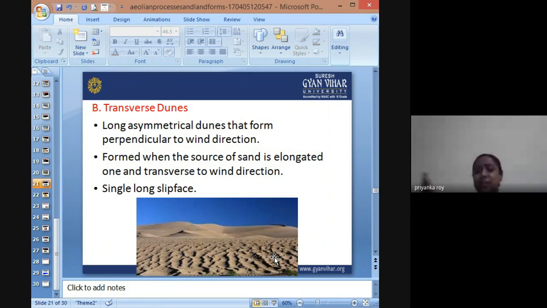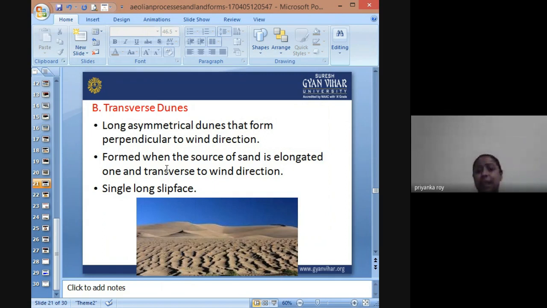So a transverse dune is a long asymmetrical dune that is formed perpendicular to the wind direction. It arises when the wind direction is starting from here to here, and it is prevailing and changing like this. In this way it is moving in a transverse pattern. Then these patterns come up.